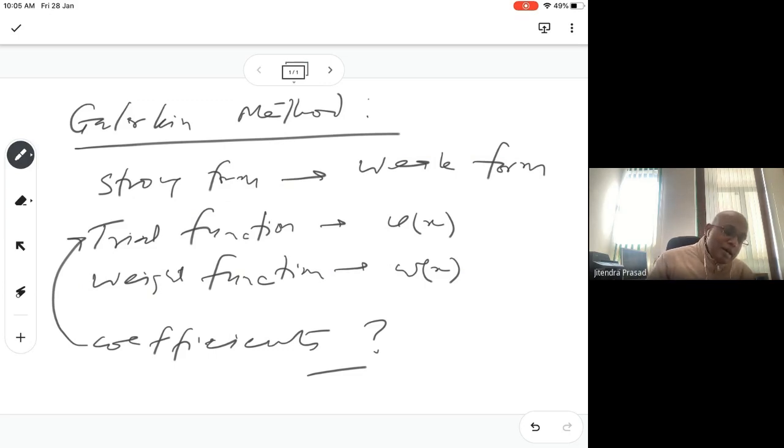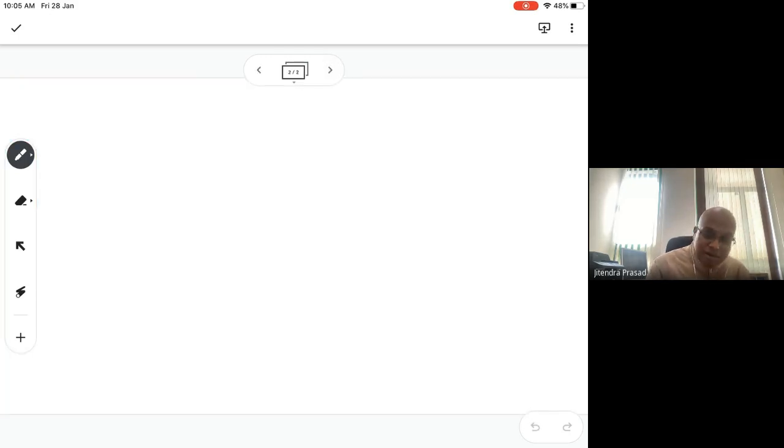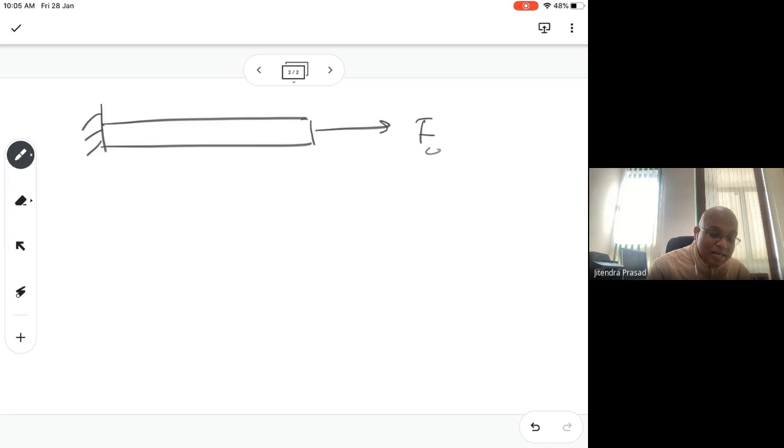Okay, so similarly, what we solved yesterday can be solved in a similar manner for different kinds of conditions. Remember that the problems could be different, and you should try different kinds of problems. Even for a simple problem like this, if you have a force F naught applied here, and there is no body force, the solution will be very easy, right?